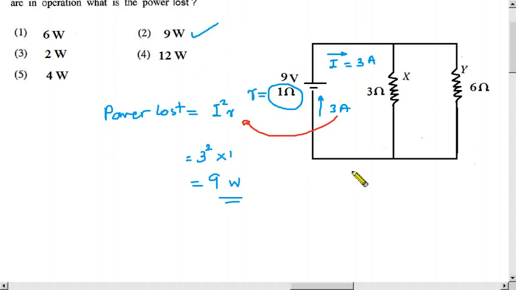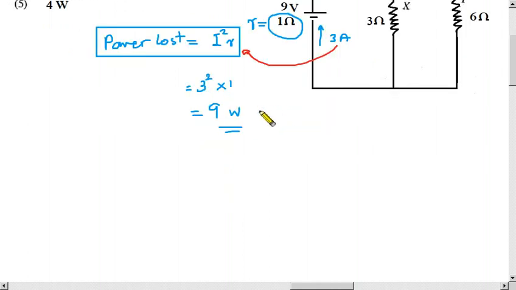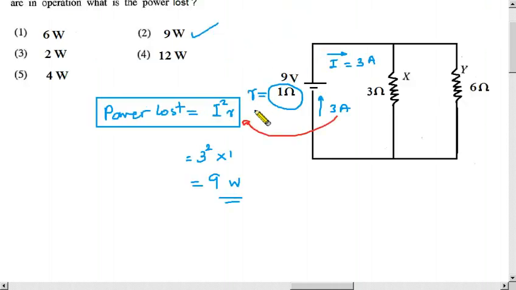So I think I do not have to explain more, this one is easier. If you knew that the power is lost by the internal resistance of a cell, then you would easily find the answer.